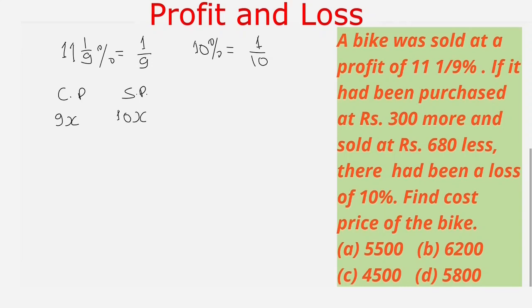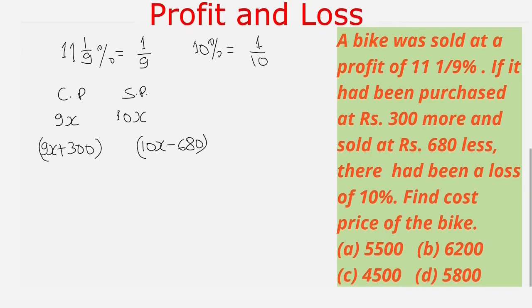And it is given that if it had been purchased at rupees 300 more, then the new cost price comes out to be 9x plus 300. And if it is sold at 680 rupees less, then new SP comes out to be 10x minus 680.